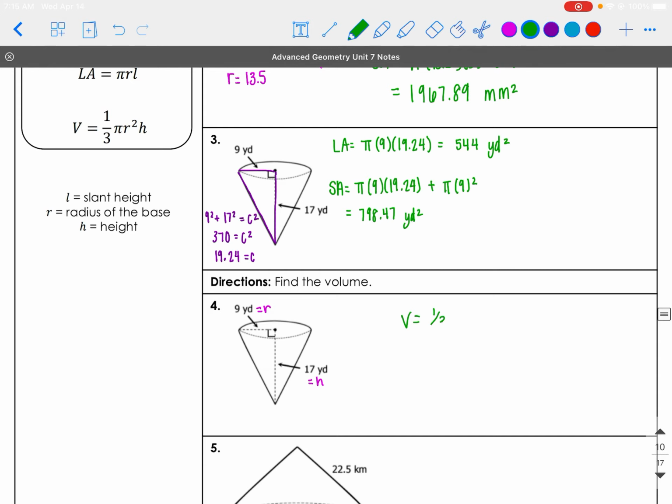So volume is 1/3 pi times 9 squared times 17. And we get 1,441.99 yards cubed.